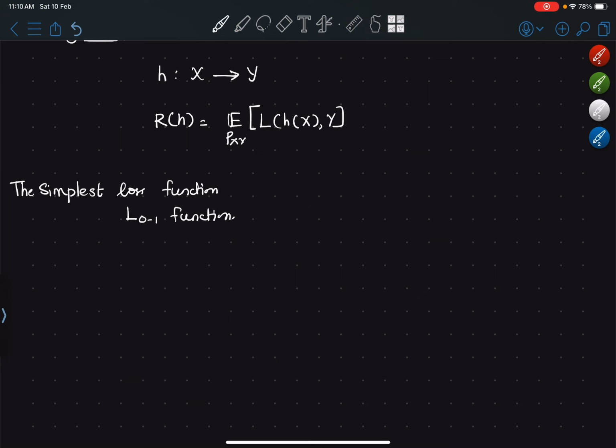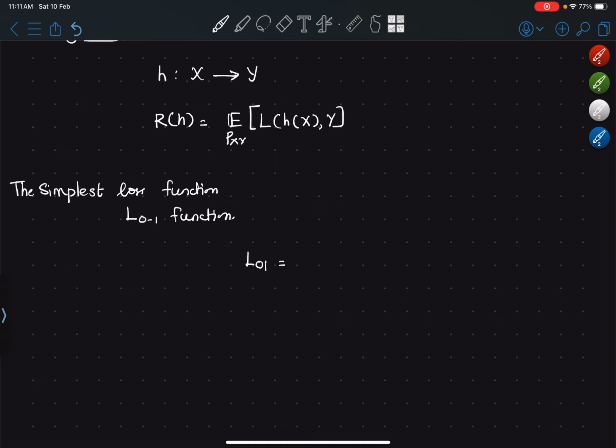So what a 0-1 loss function does is, L01 function can be defined as follows. Here we're trying to map h of x with y, right?